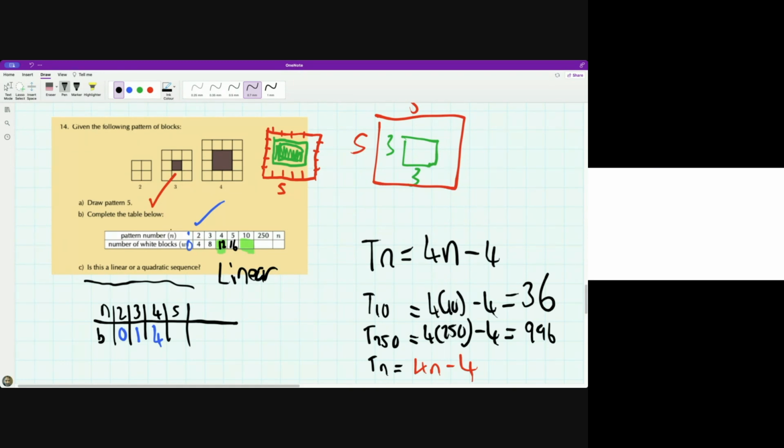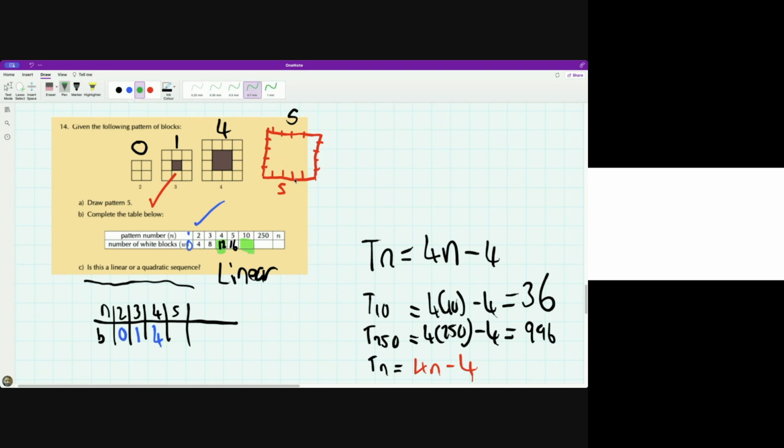If you look at this, I'm counting. There were 0 black blocks here, 1 here, and 4 here. How many black blocks would there be in pattern number 5? Because this is going to be a 3 by 3 square, how many blocks does a 3 by 3 square have in it?